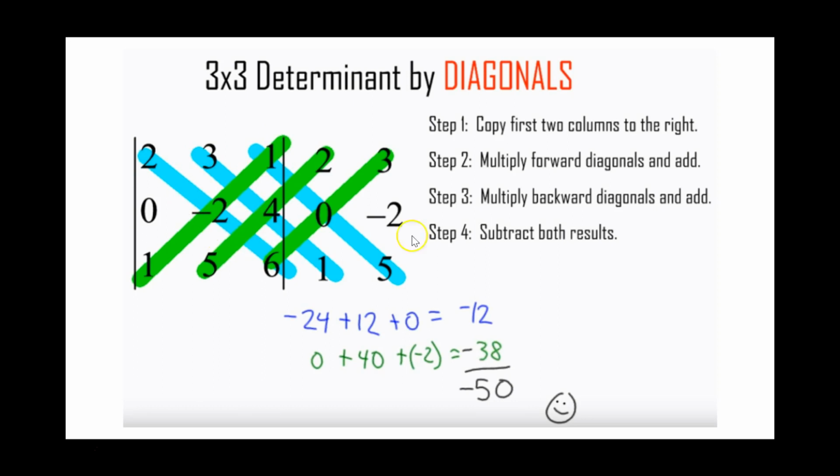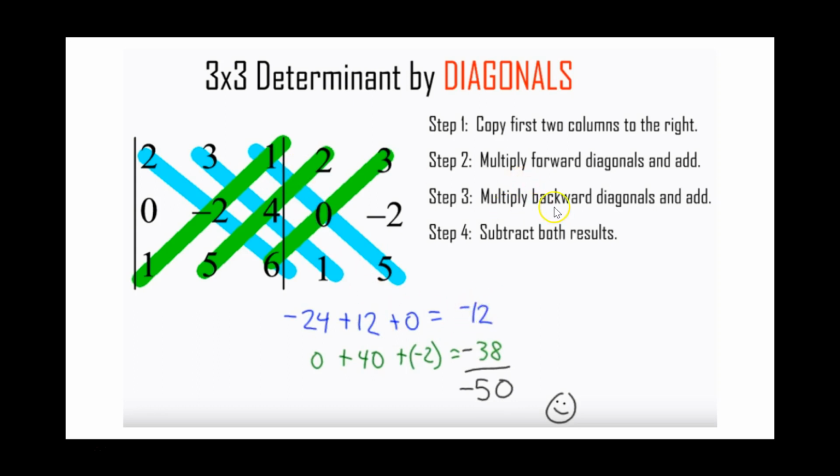Then we come back and multiply forward diagonally. So 2 times negative 2 is negative 4, times 6 gives us negative 24. 3 times 4 times 1 gives us 12. And 1 times 0 times 5 gives us 0. Add them together, I get negative 12.